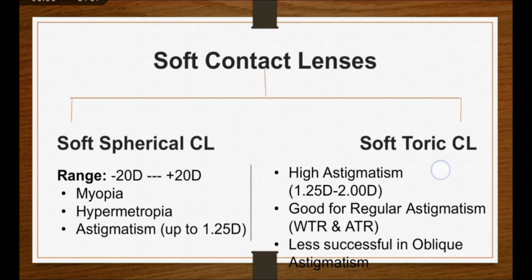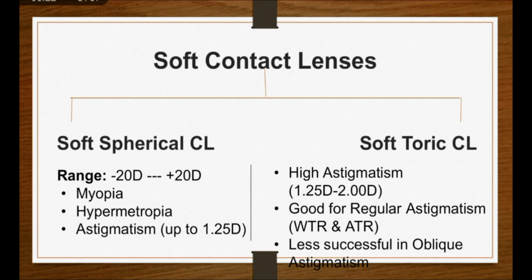So you don't need to switch to soft toric contact lenses, right? So you can correct the patient with these lenses as well. Therefore contact lens selection is very important. You have to choose the contact lens according to the need of the patient.